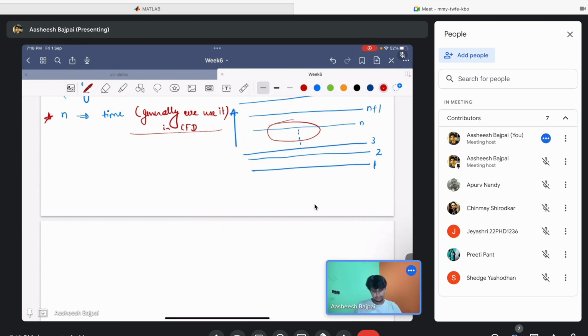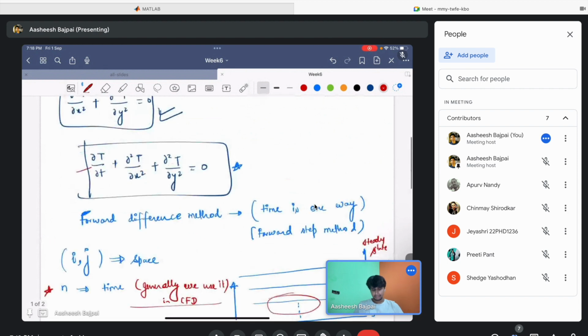I am making every point clear in the notes as well. dT over dt. Let's discretize it. So as we have discretized the space, we will discretize the time also. But it's a partial differential here. You see, this is a partial differential.